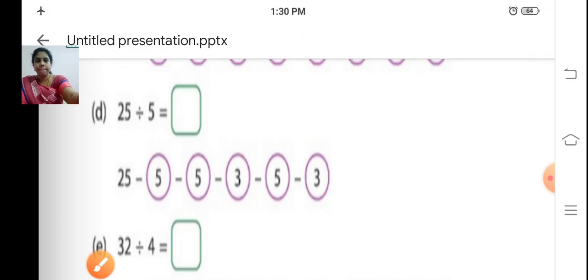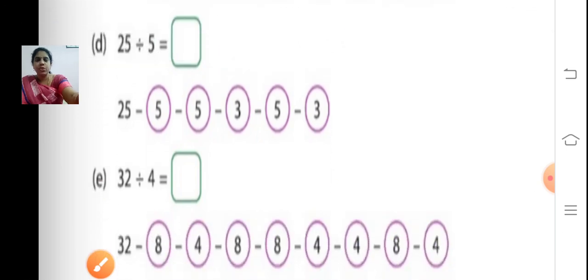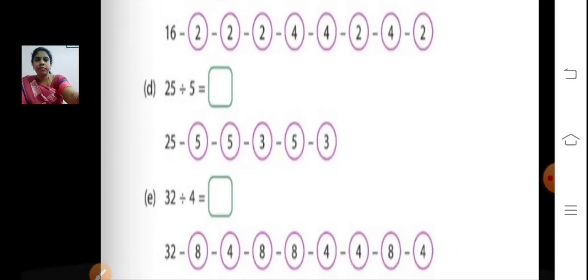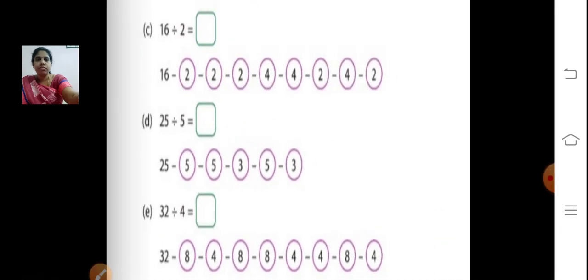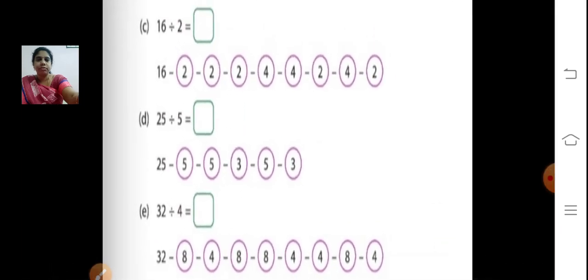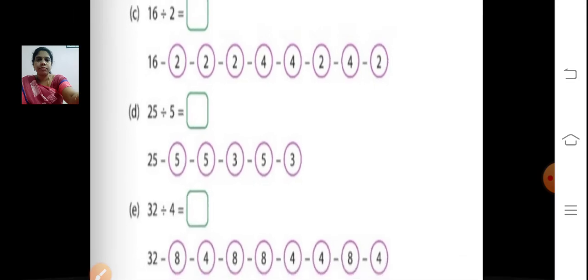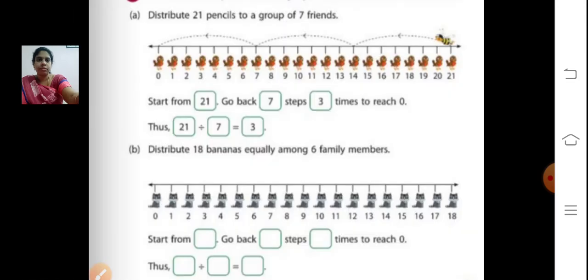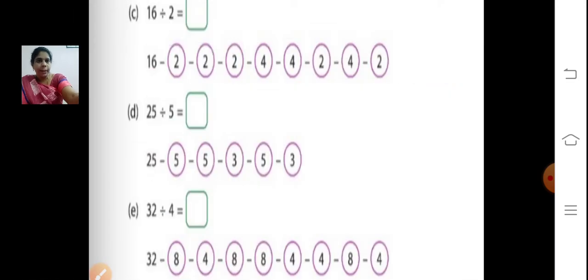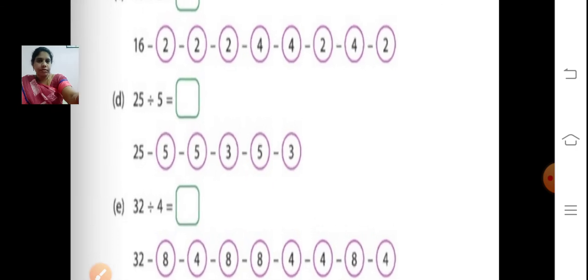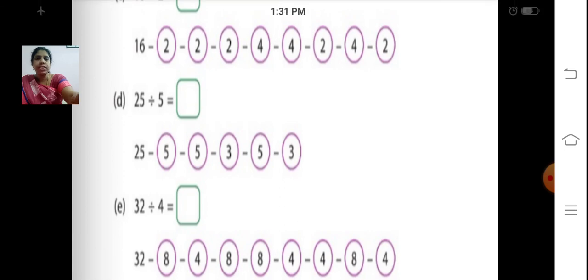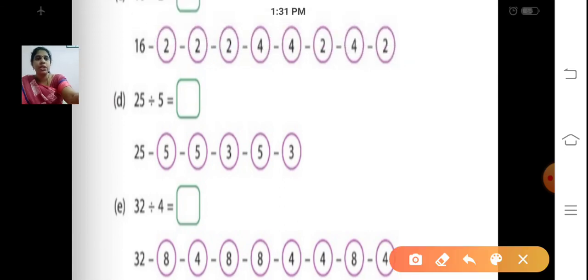Next one. 32 divided by 4. So same way. Now 32 divided by 4 is equal to 8.